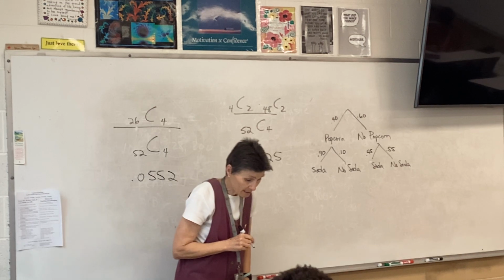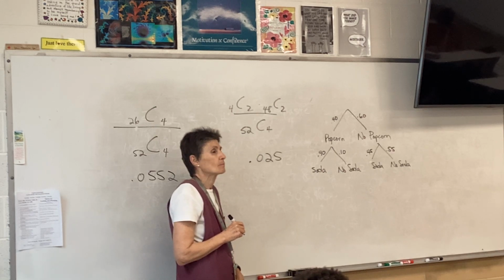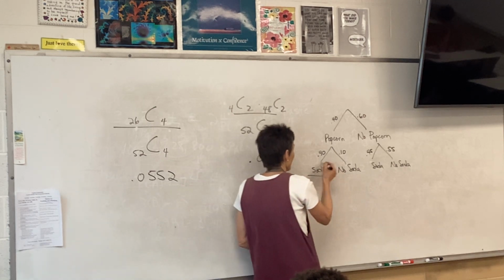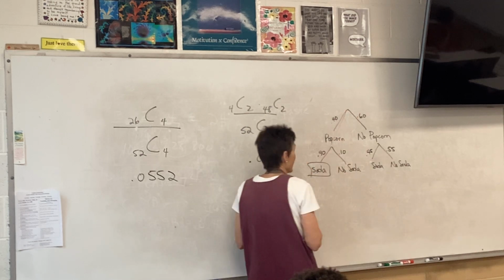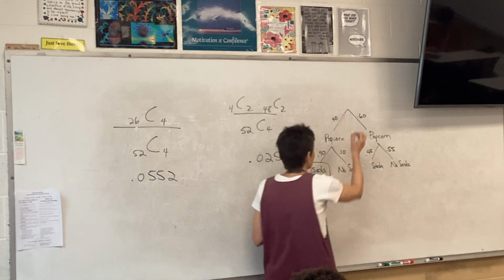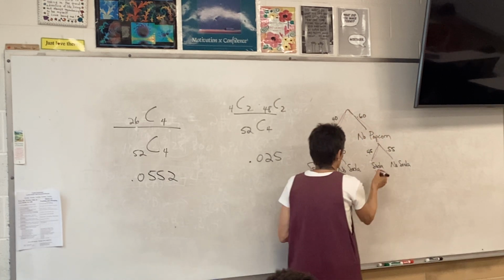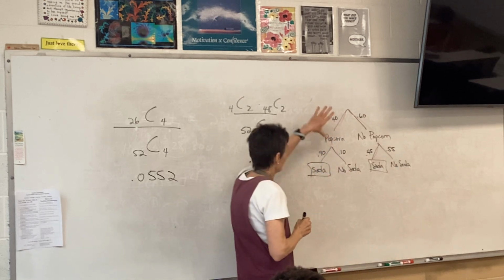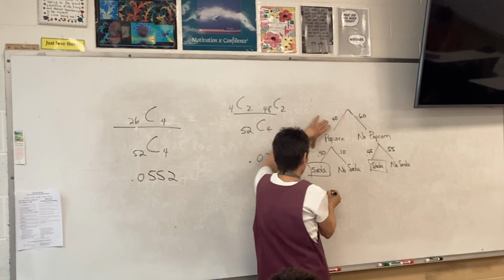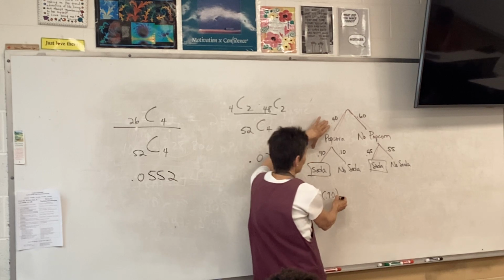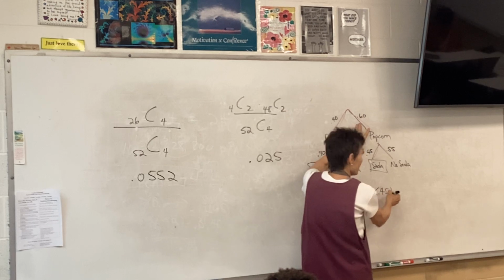What's the probability we'll serve soda? So we need this branch right here, right? And we need this branch right here. So what do we do? 0.4 times 0.9. 0.6 times 0.45.